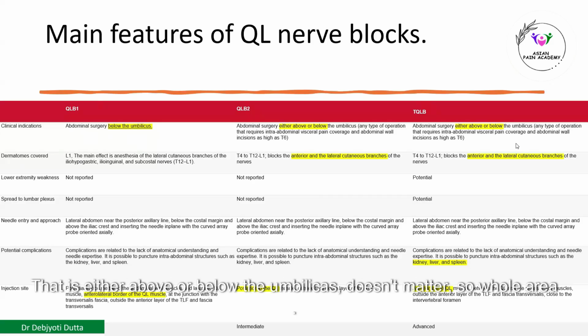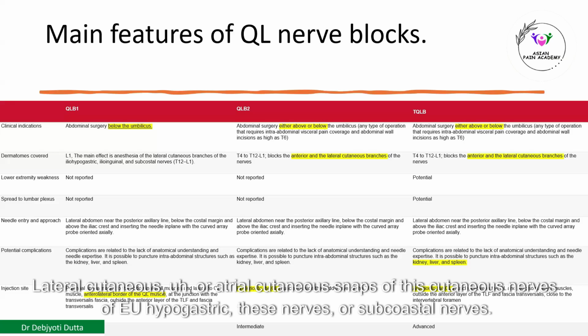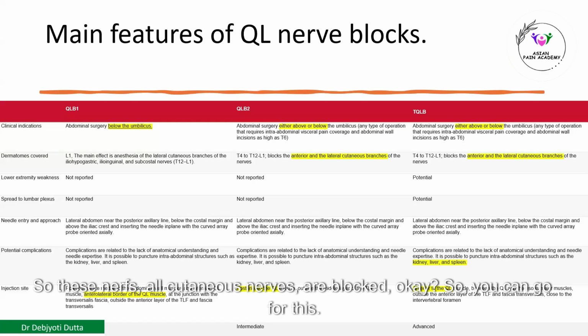That is either above or below the umbilicus, doesn't matter. So the whole area should be a broad area on the abdominal wall, mainly on the flank side. You understand that lateral cutaneous and anterior cutaneous nerves, the cutaneous nerves of ilioinguinal, iliohypogastric, and subcostal nerves, are all blocked.